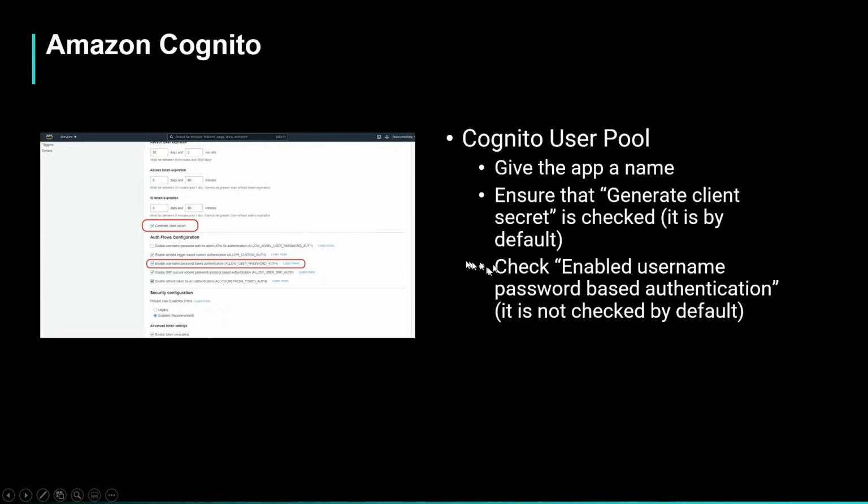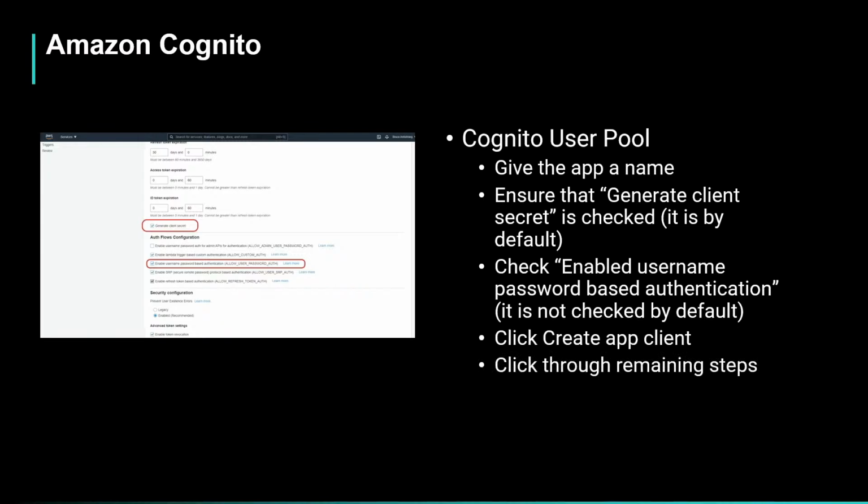There are other options you can use, like social media logins, but I can't imagine doing that for a production line of business application. You'd probably still use username and password there. And then you click on the Create App Client button. You can click through the remaining steps. We don't need to do anything more once we define the app.